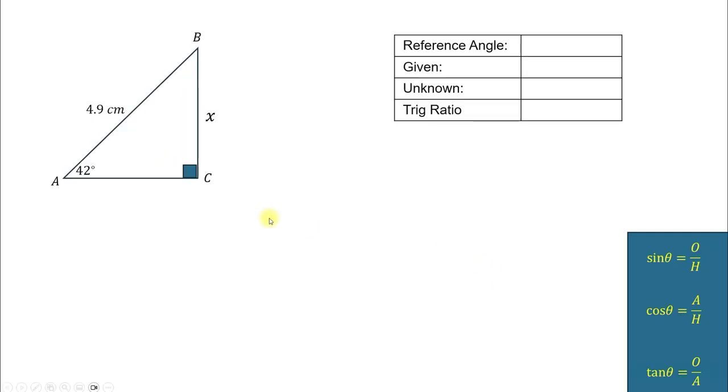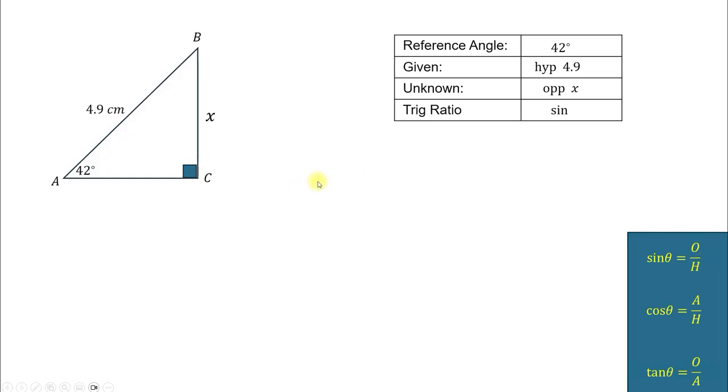In this question, we're given a reference angle 42 degrees. We're given the hypotenuse of 4.9, and we're asked to solve for x, which is the opposite to our reference angle. The trig ratio that deals with opposites and hypotenuse is the sine.